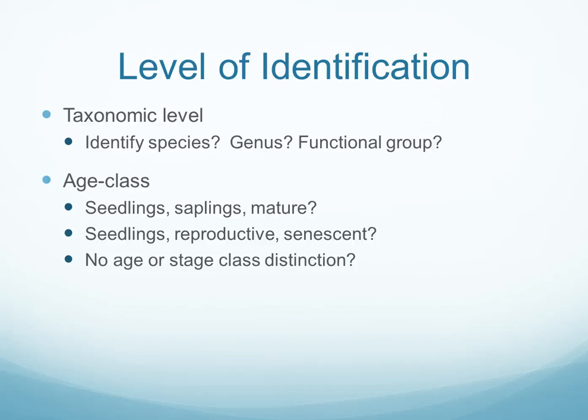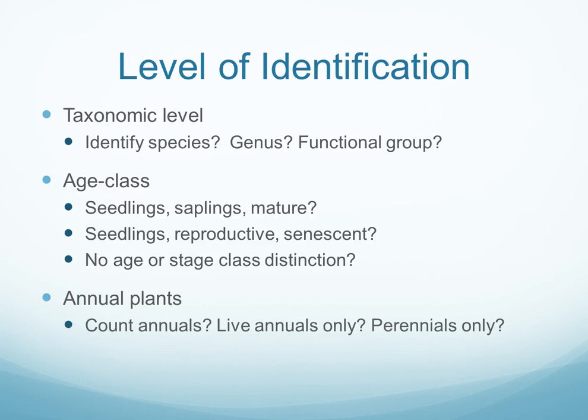And we can also look at this from a developmental stage perspective and look at whether they are seedlings, reproductive individuals, or senescent. And then sometimes we just say, well, we're not going to pay attention to the age class or the stage class as we collect frequency data.